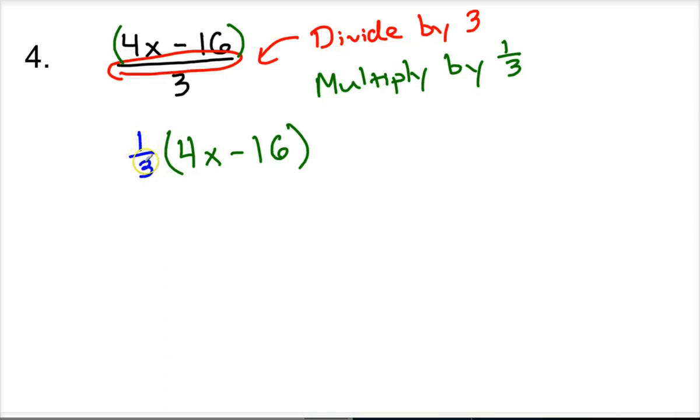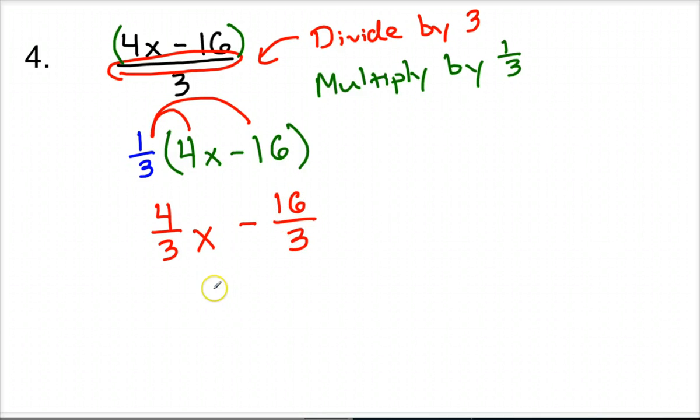So now if we take 1/3 times 4x, 1/3 times 4 is just 4/3. So we would say that this is 4/3 x. And then 1/3 times negative 16 would be minus 16 over 3. Now in 6th grade you were probably asked to simplify your improper fractions and make them mixed numbers.